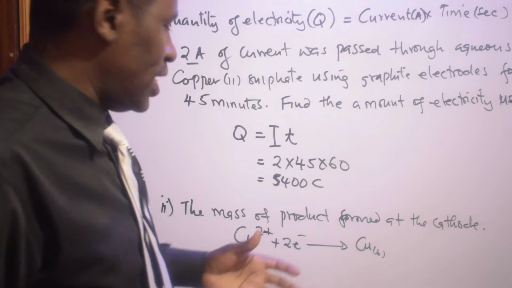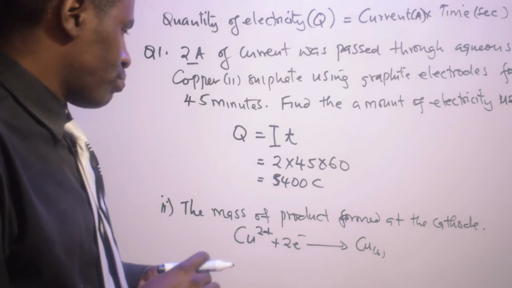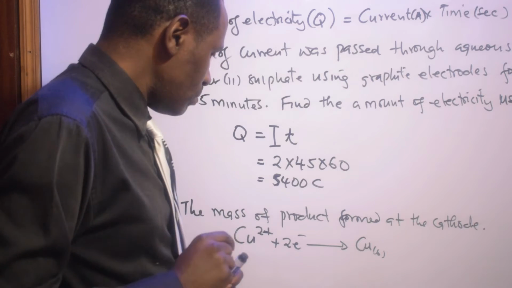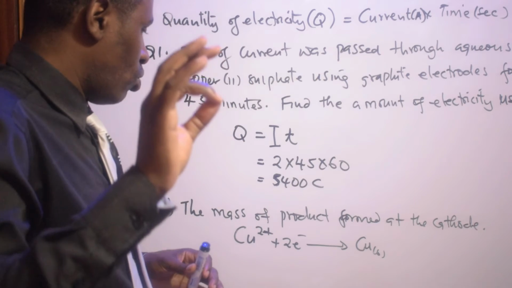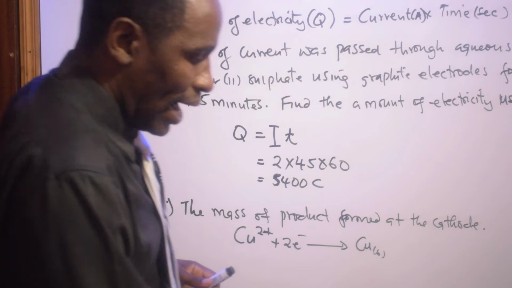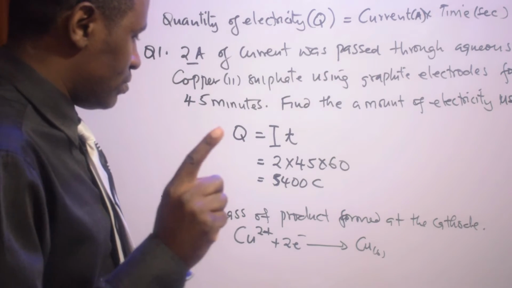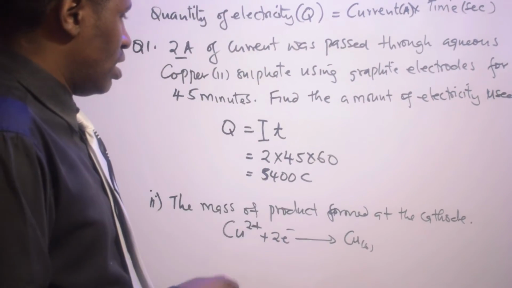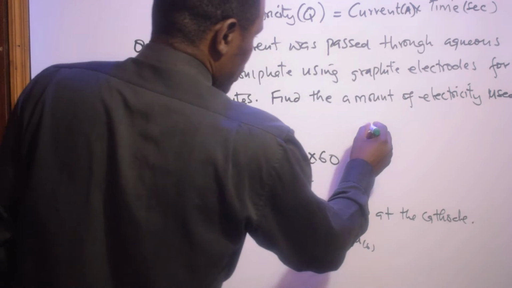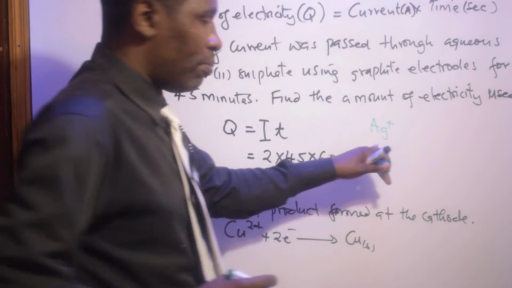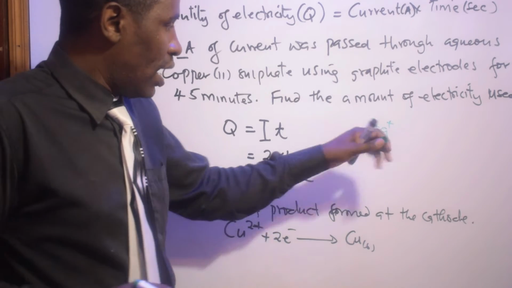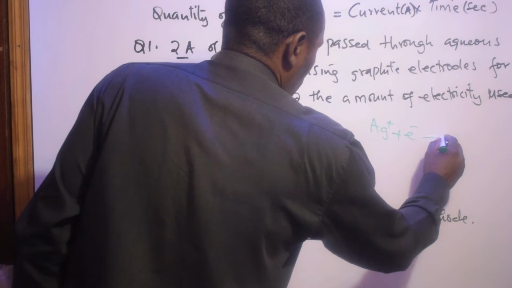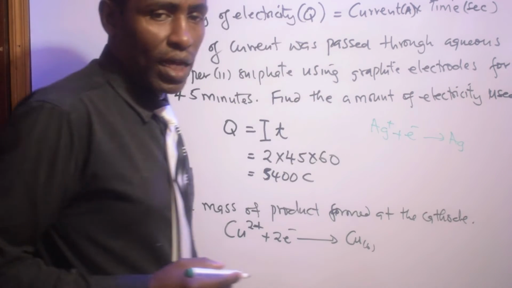Experiments have been performed on this, and it has been noted that when you are discharging a monovalent ion, for example the silver ion, which has a charge of +1, a monovalent ion requires 1 electron to form the mole of that element.